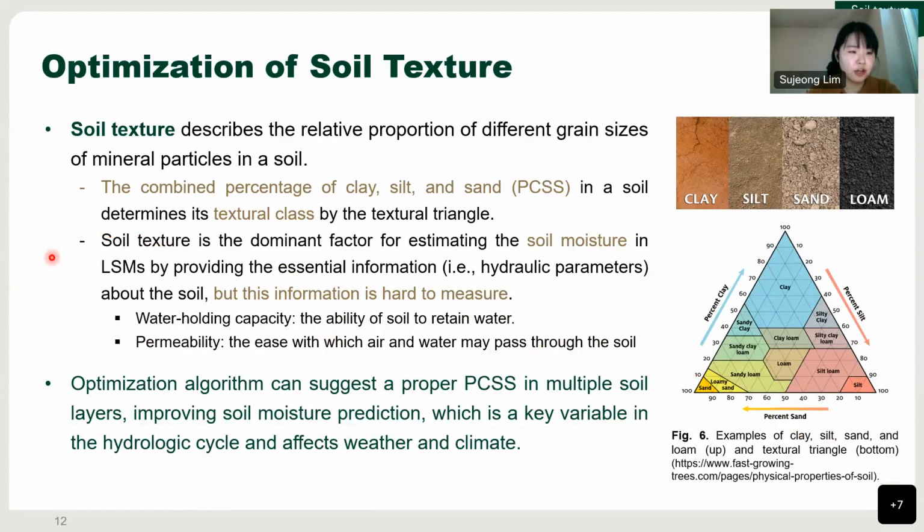This soil texture is a dominant factor for estimating soil moisture because it can change the airspace, drainage, and water holding ability of the soil. But the problem is that it is hard to measure. So we optimize the percentage of clay, silt, and sand in multiple soil layers to improve the soil moisture prediction.